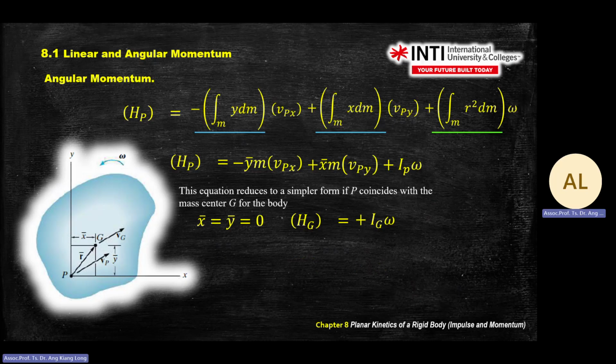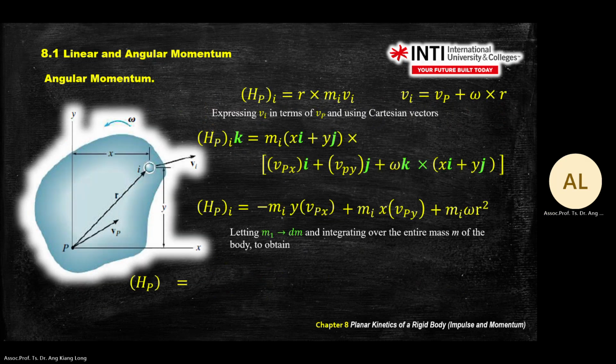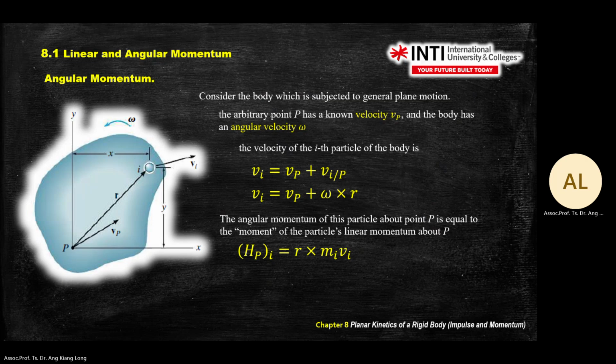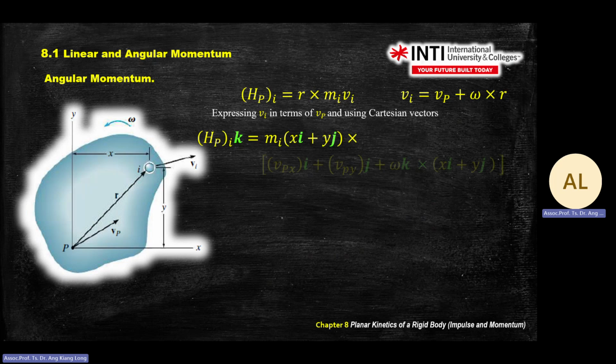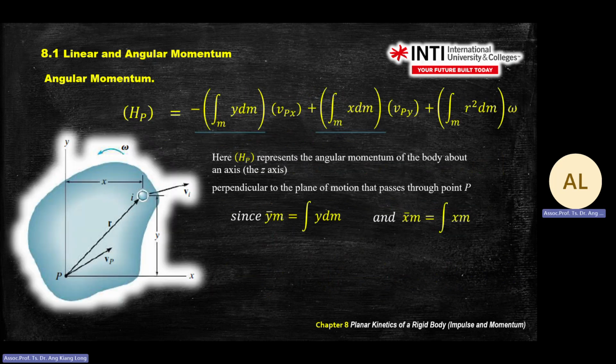So these are the two equations. HV, the first one, is R cross MV. R cross, this is a vector multiplication. This is one equation, or you can rewrite this equation into this equation.